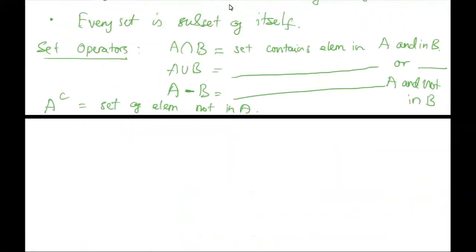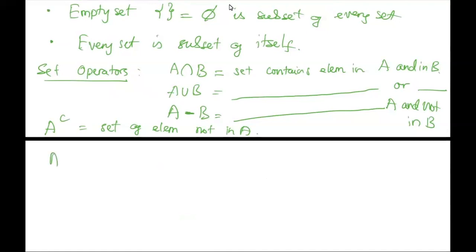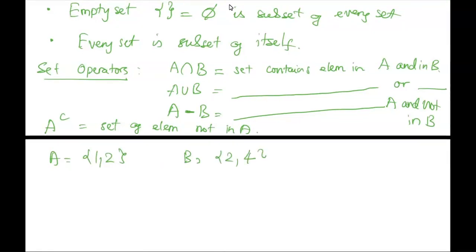And an example would be, if we take A is {1, 2} and B is {2, 4}. A intersect B would contain elements that are in both of the sets, right? So I will look through it. Is 1 in B? No. So I don't write it down because I need it to be in both sets.